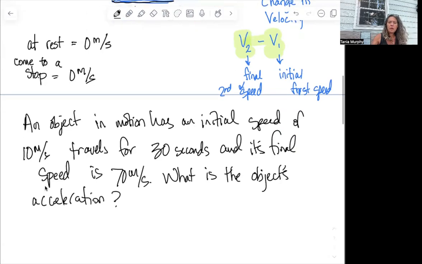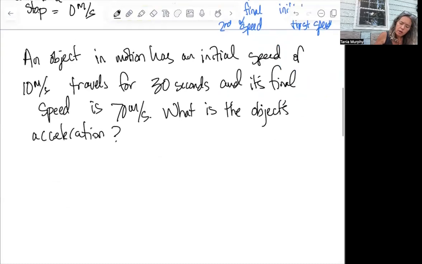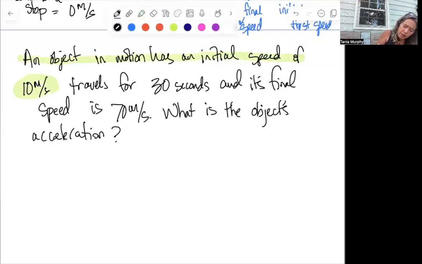Okay. Now, let's analyze the best way for you to solve a problem. An object in motion has an initial speed of, all right, so there's a piece of data, and I'm going to write this down. I am told that my initial speed, that's V1, equals 10 meters per second.